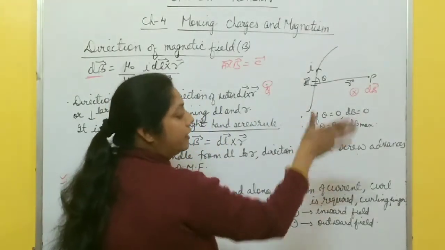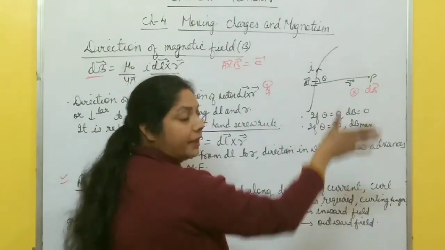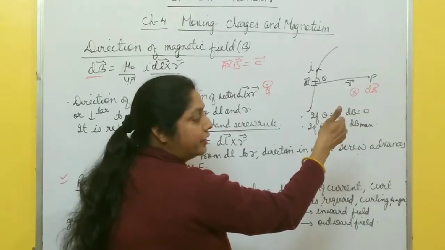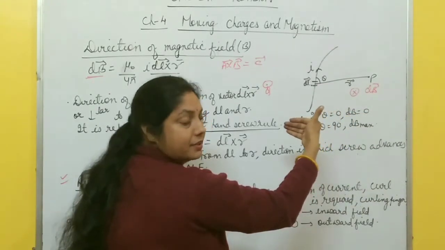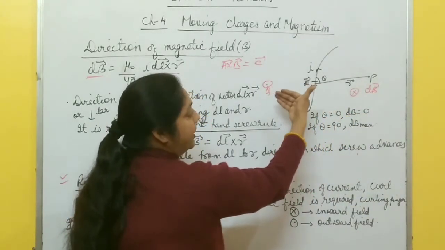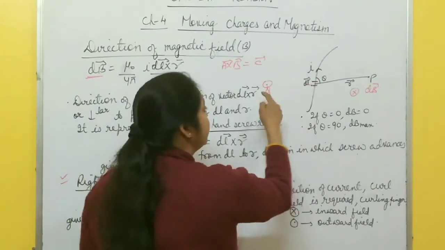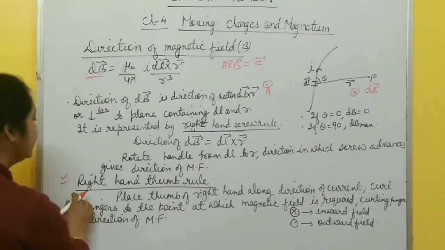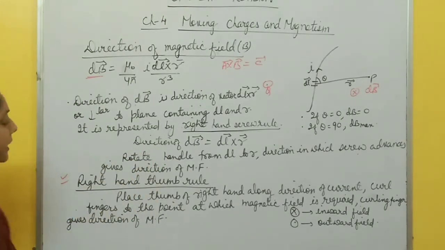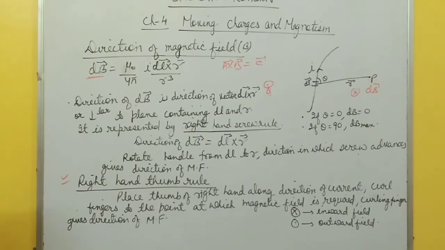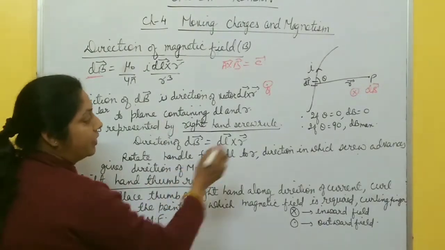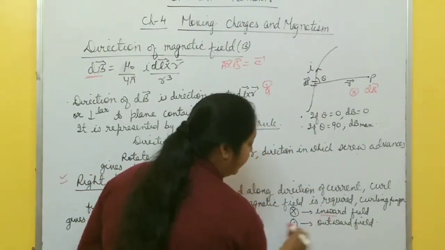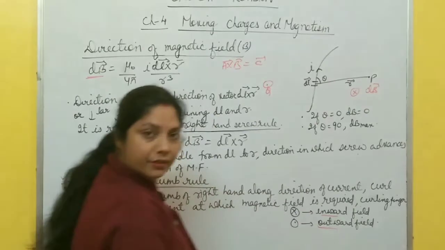At point Q the fingers curl outward, so the direction of the magnetic field at point Q is outward. In this way you can determine the direction of the magnetic field with the help of the right hand thumb rule and screw rule. Cross means inward field and dot means outward field, right?